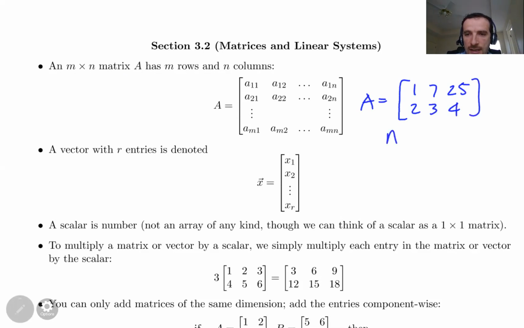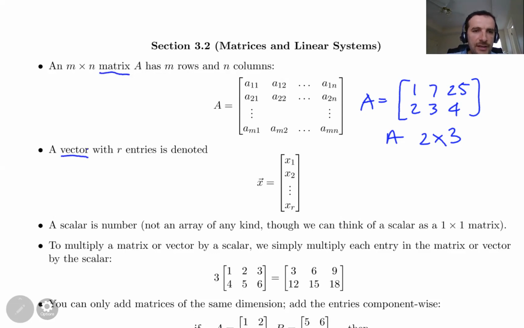So A is a 2 by 3 matrix because there are 2 rows and 3 columns. And of course, these entries can be any numbers. It doesn't have to be an integer. It can be a real number, it can be a complex number, any numbers. All right. So this is the definition of a matrix.